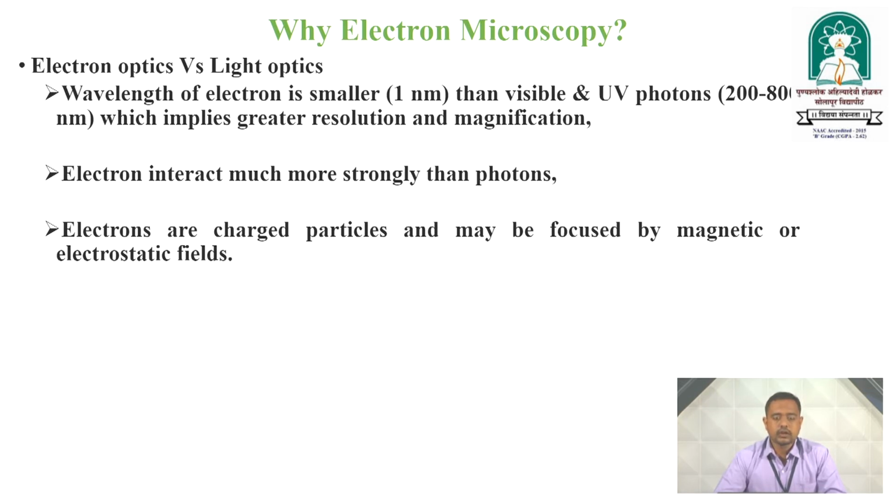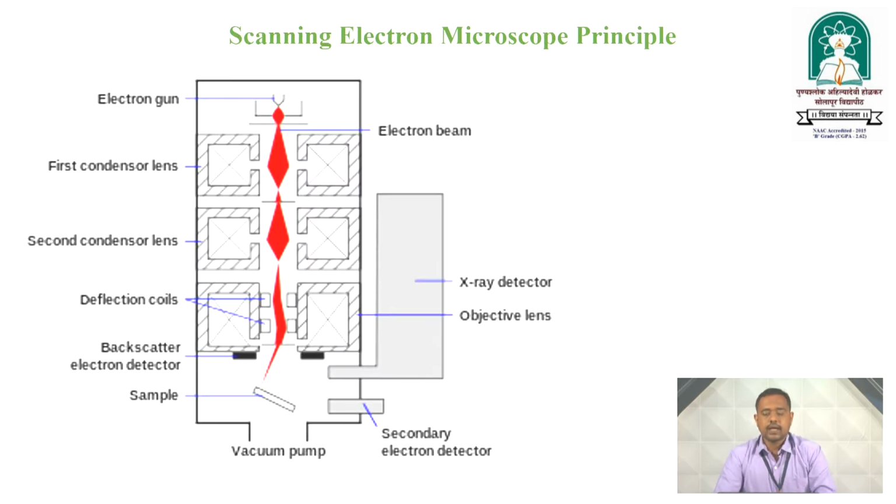Also, electrons interact much more strongly than photons. Electrons are charged particles, and they may be focused by magnetic and electrostatic fields, so they can be easily controlled using electrostatic and magnetic fields. What is the actual scanning electron microscope principle?